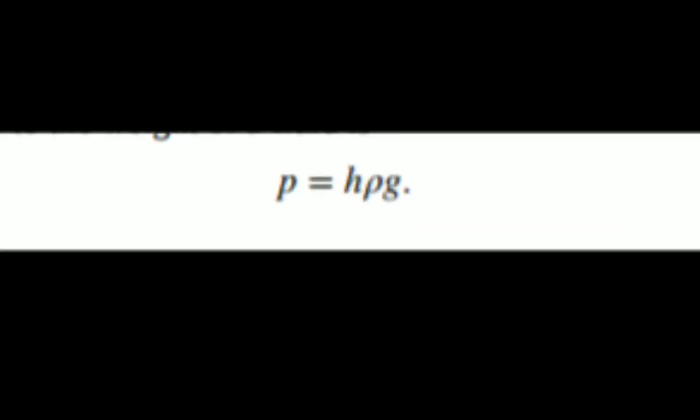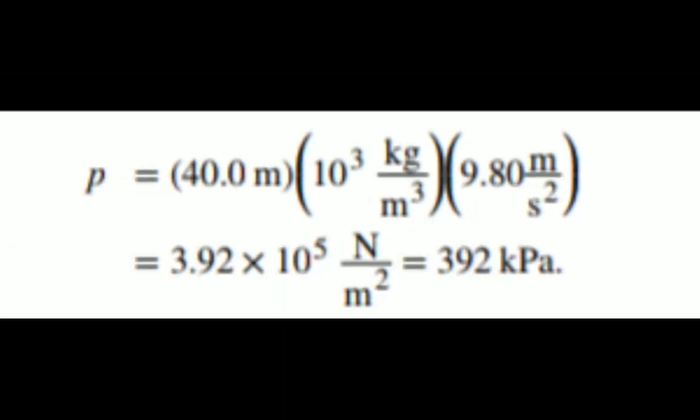First, we will find the average pressure due to the weight of a fluid, using the formula P equals hρg. Entering the density of water from table 14.1 and taking h to be the average depth of 40.0 meters, we obtain P equals 40.0 meters multiplied by 10^3 kilograms per meter cubed multiplied by the gravity 9.80 meters per second squared.